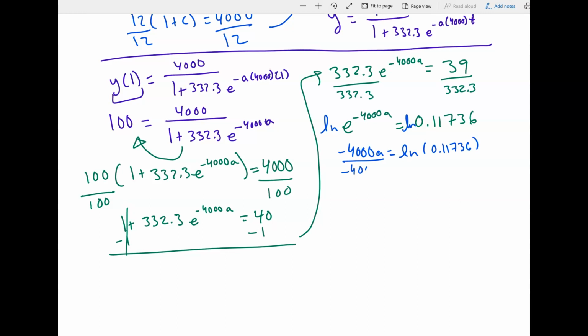Then I divide by negative 4,000, so a is approximately equal to 0.000535.